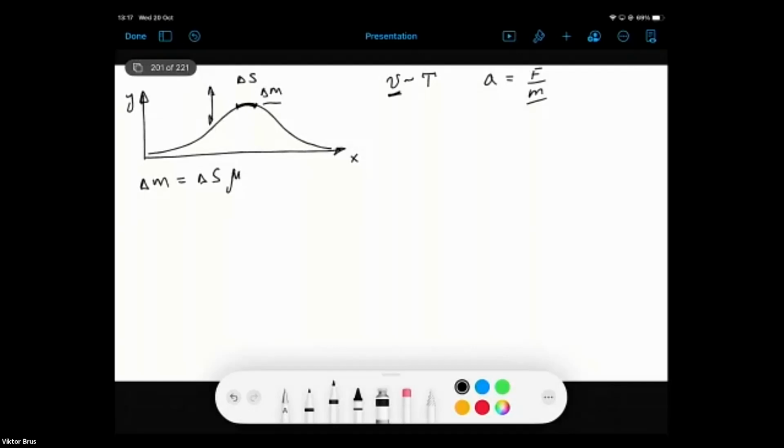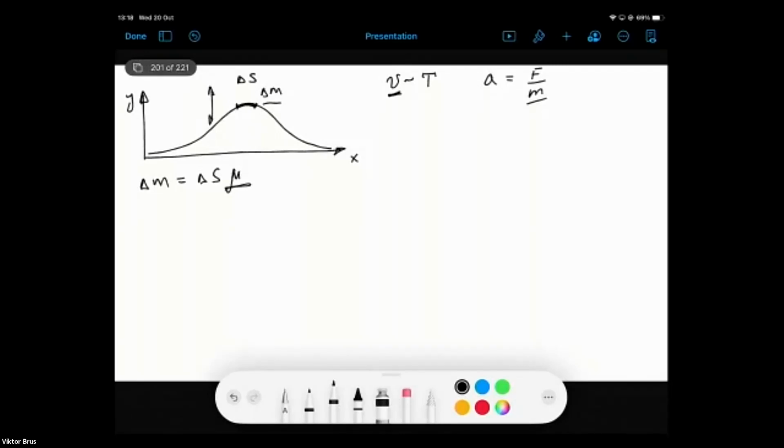Another factor is the cross-section. The bigger, the thicker the string is, the heavier it will be per unit length. So these material properties and the thickness of the string will define this parameter mu, which is linear density.